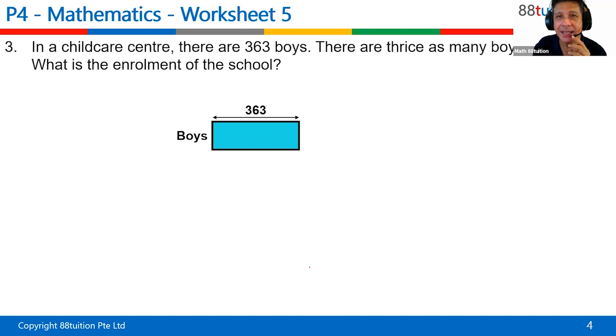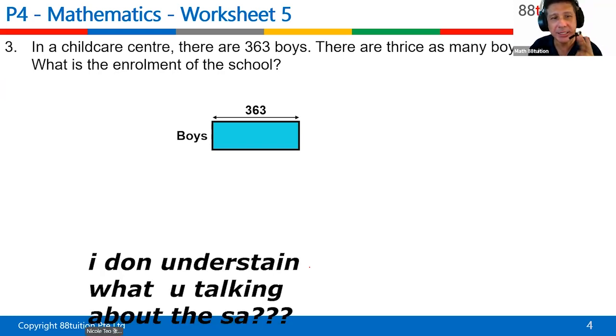Understand? Now, what about the second sentence? The second sentence is actually about boys being 3 times when you compare them to the girls. So if you look at our model, although I drew a small one for the boys, this small one is supposed to be 3 times already.